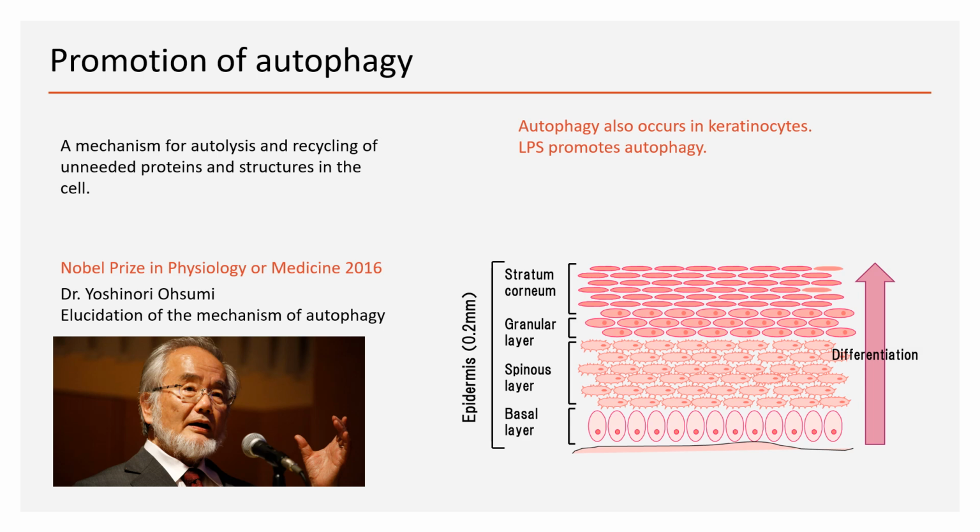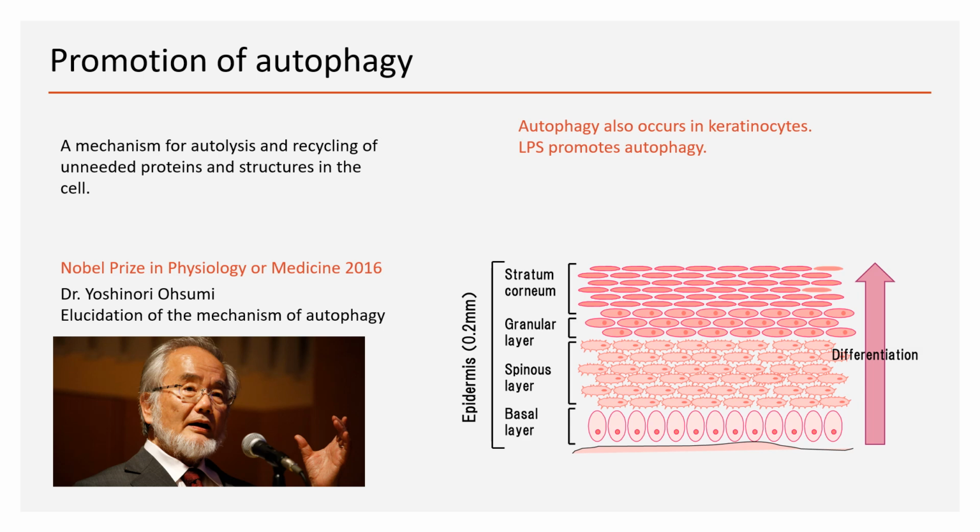Now, we would like to explain more about autophagy in keratinocytes. Autophagy is a mechanism for autolysis and recycling of unneeded proteins and structures in the cell. This mechanism attracted attention when Dr. Yoshinori Ohsumi won the Nobel Prize in Physiology or Medicine in 2016. Autophagy is also involved in the turnover of keratinocytes.